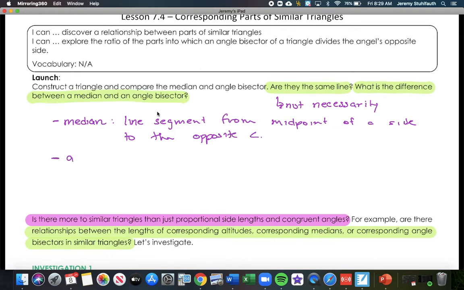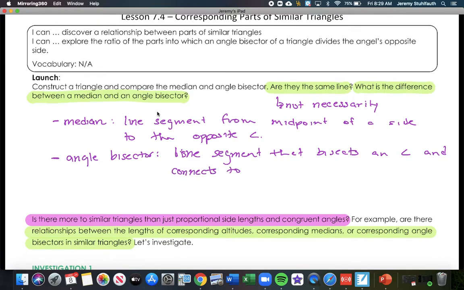And an angle bisector is a line segment that bisects an angle and connects to the opposite side. So again, the angle bisector does not necessarily connect to the opposite side at the midpoint.